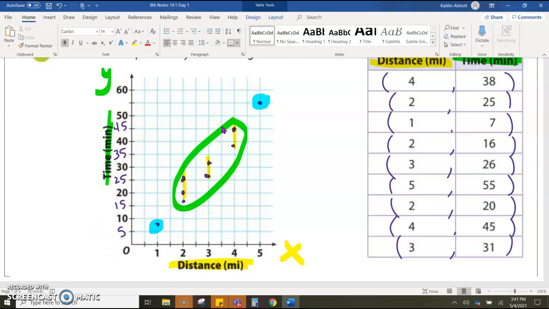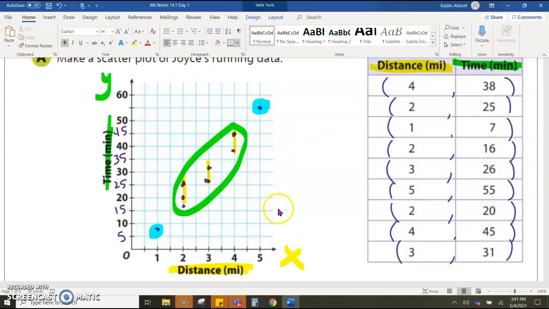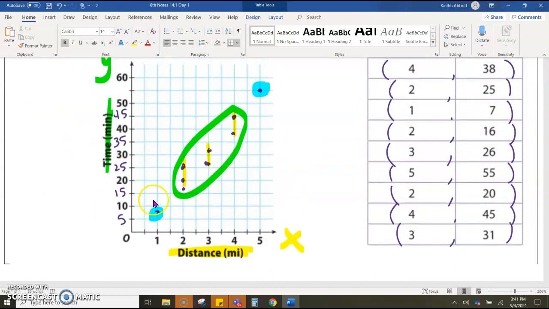Okay, that's about it. So you're graphing and identifying where the stragglers are and where the bulk of the dots are, and then making an inference or interpretation of what you see on the graph. Be sure when you're making an interpretation of the graph to look at the axes and what their units are, because that will help you make a statement.